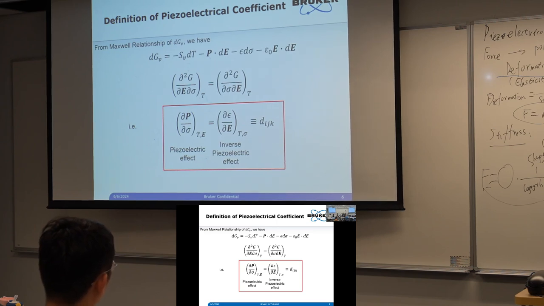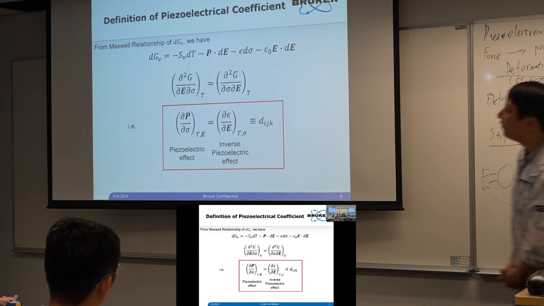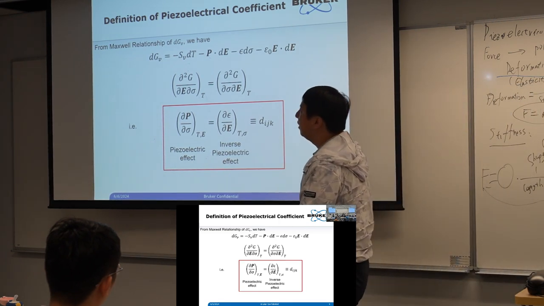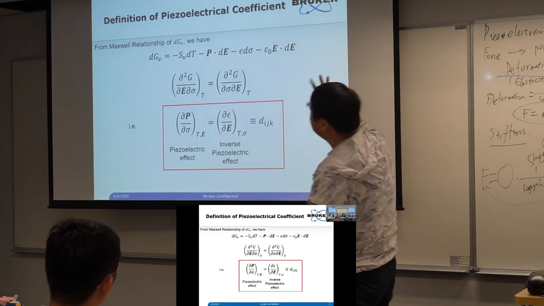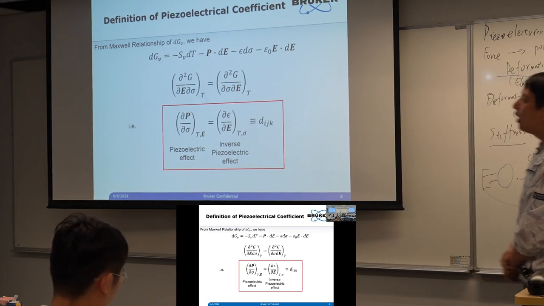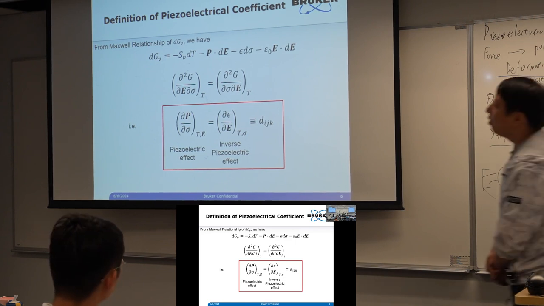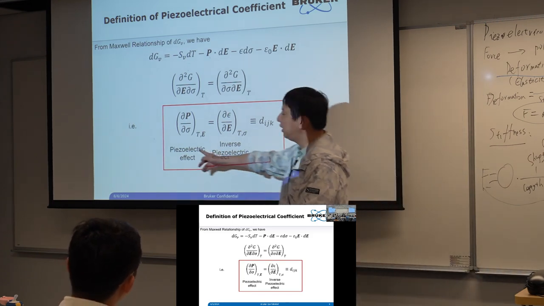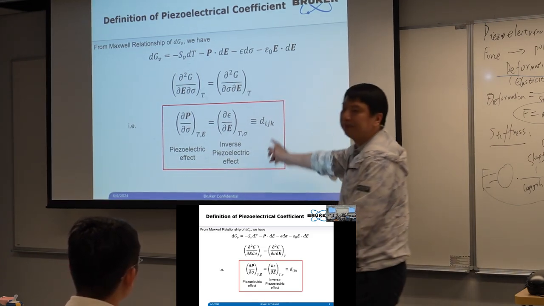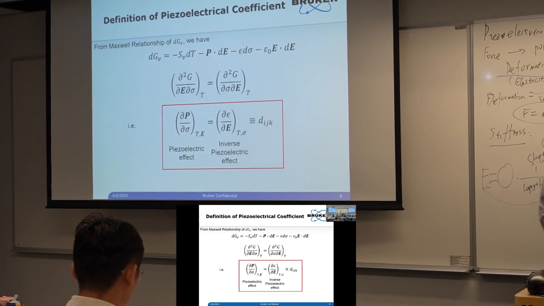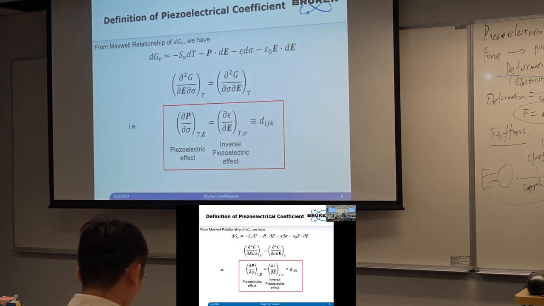It's the same thing, just a different way to look at it. That's what our thermodynamic description tells us. So we can just use one term to describe this, and we call it the piezoelectric coefficient D. That's the whole description here.